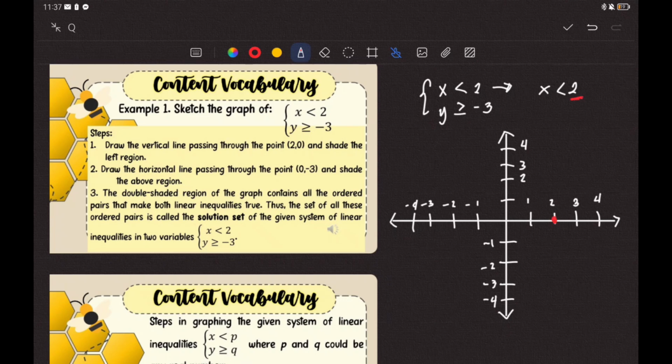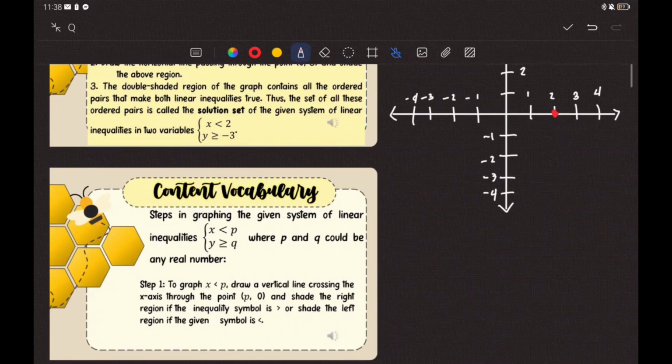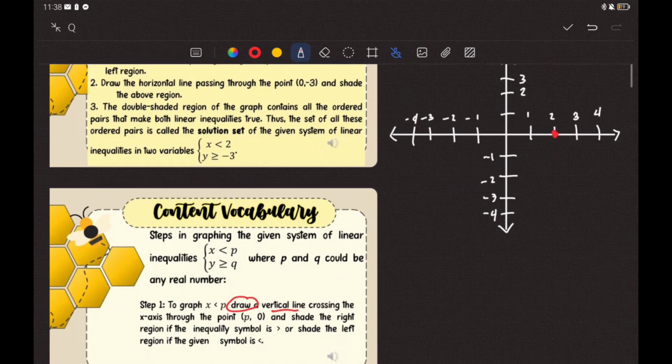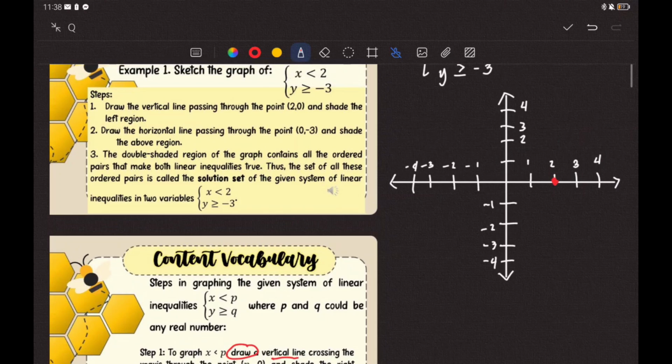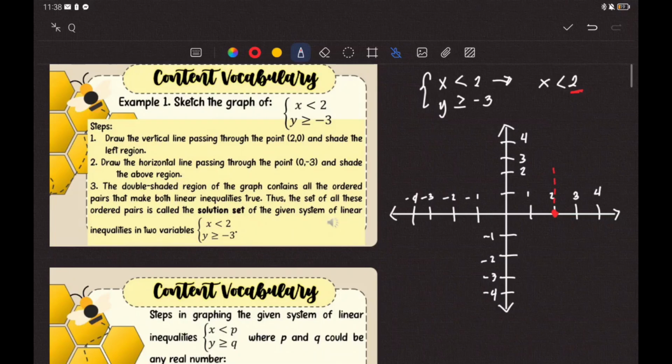So we need to point that one. And we need to use a broken line. We need to remember that we are to draw a vertical line crossing the x-axis through the point p and 0. So, crossing the x-axis, we are going to use a broken line. Why a broken line? Because again, our inequality is less than. So, we are going to use a broken line.